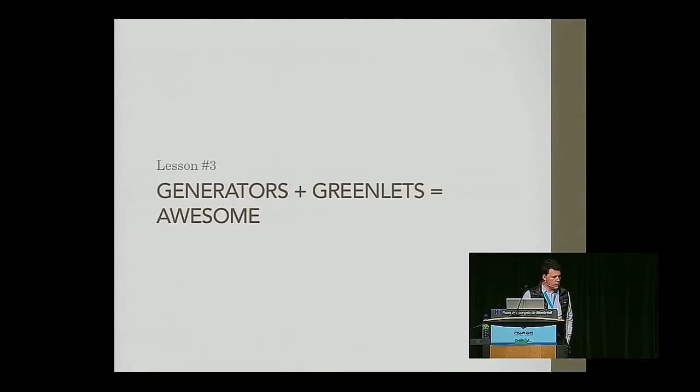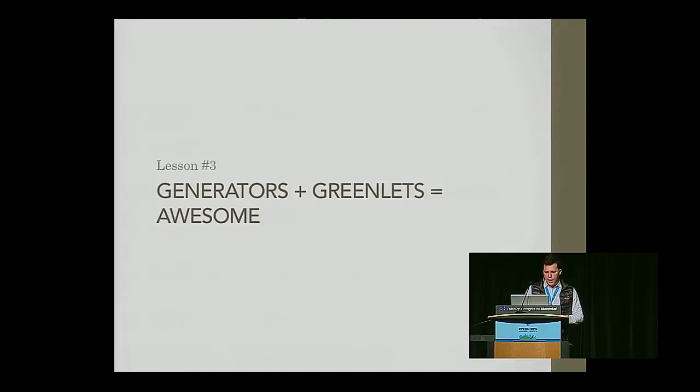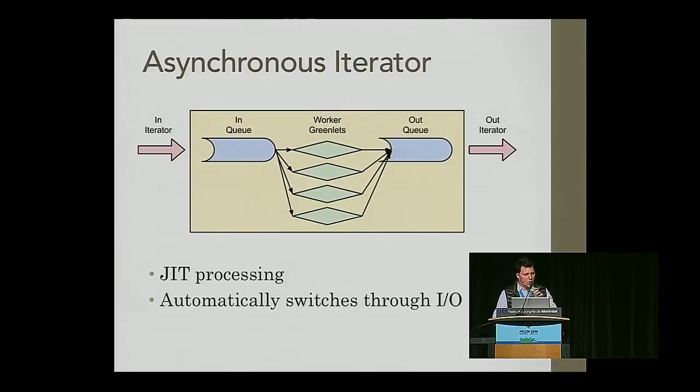So lesson number 3, this is an interesting pattern that comes about when using greenlets and generators. They work extremely well together, especially in processing pipelines of data. So this pattern that occurs a lot in the Taba code is the concept of an asynchronous iterator.